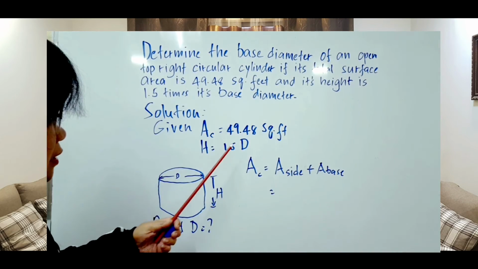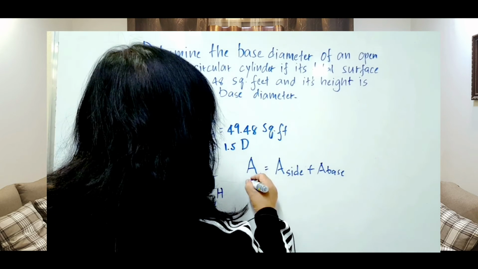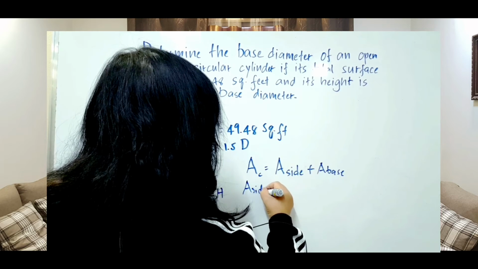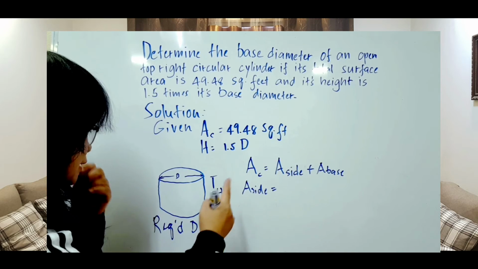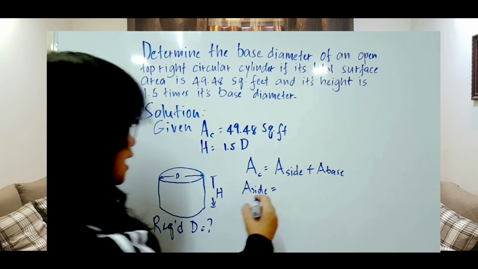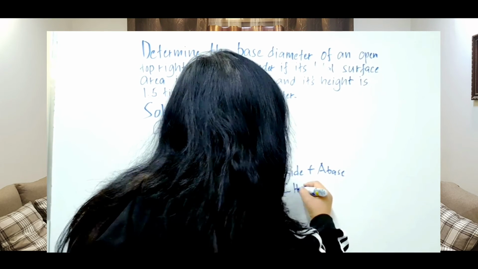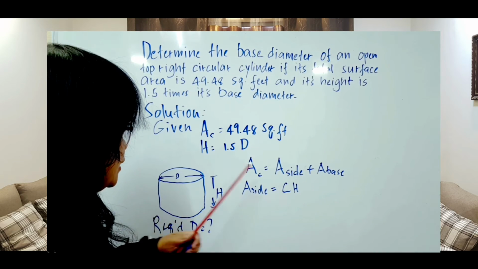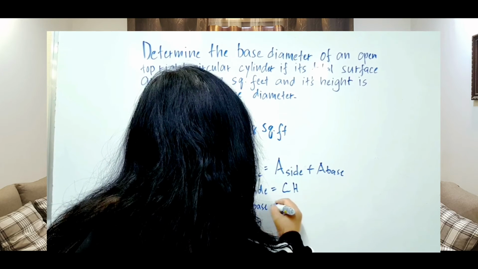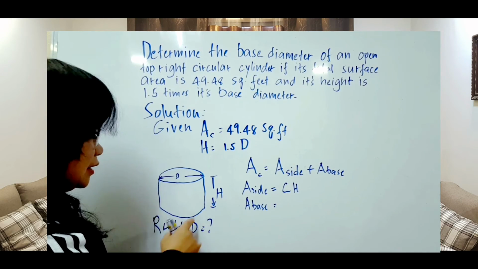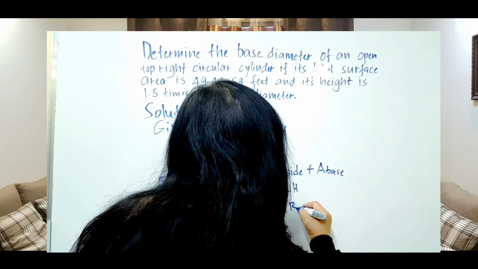Therefore, what is the area of the side? The area of the side of the cylinder is equal to the circumference times the height, and the area of the base is equal to the area of a circle, pi r squared.